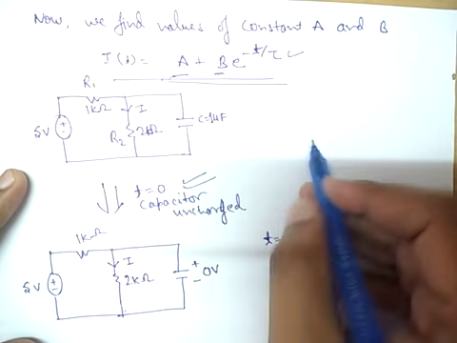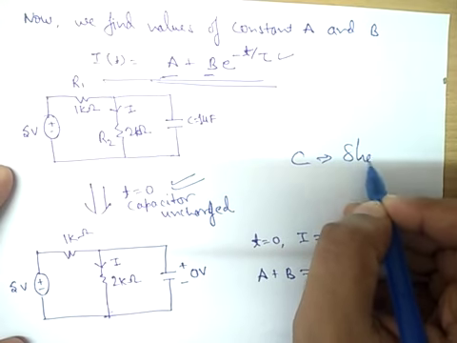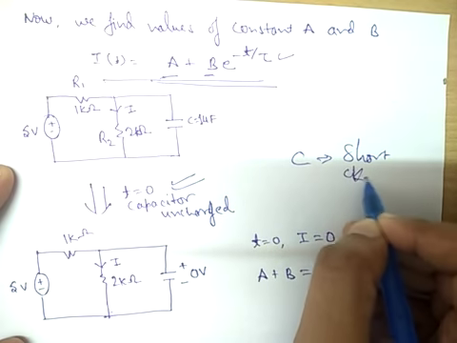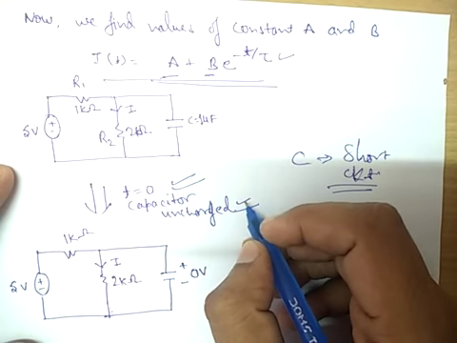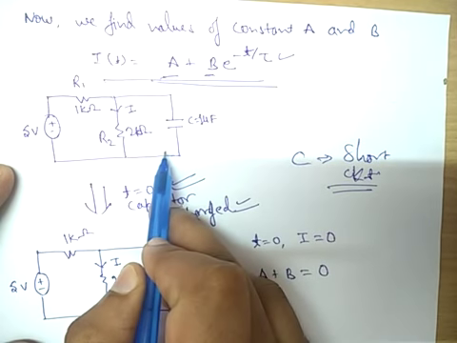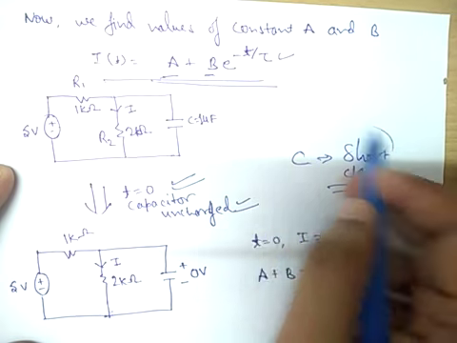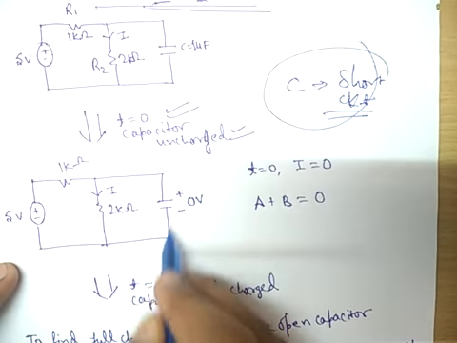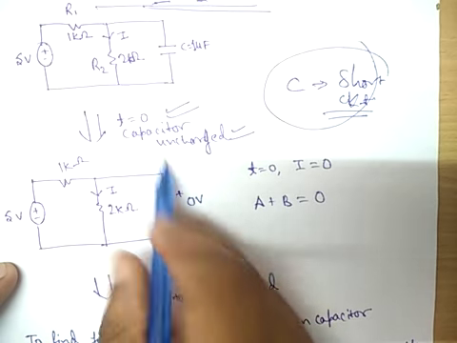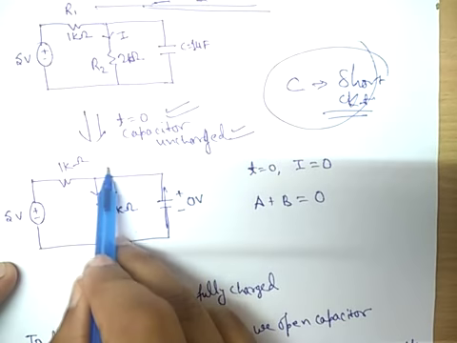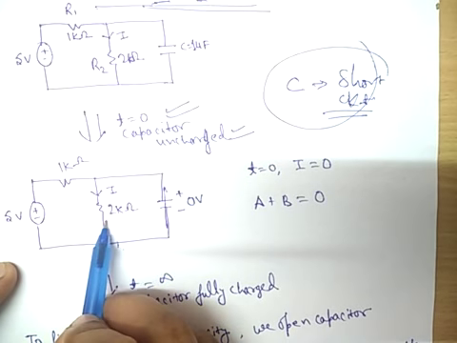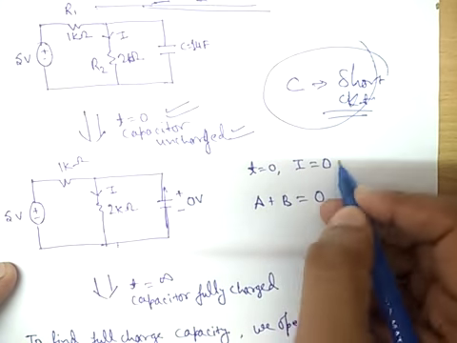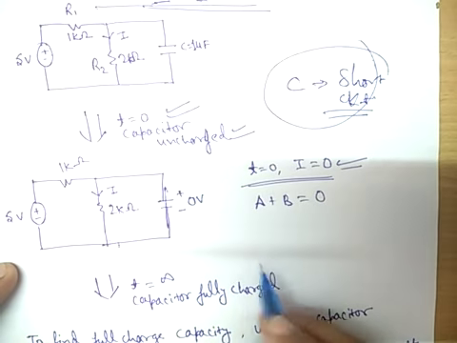The capacitor behaves as a short circuit, because initially it is uncharged. There is a 0 voltage drop across the capacitor, so it can be treated as a short circuit. So there is no voltage drop across the resistance, and therefore no current flows in it. So I is 0 at t equals 0.